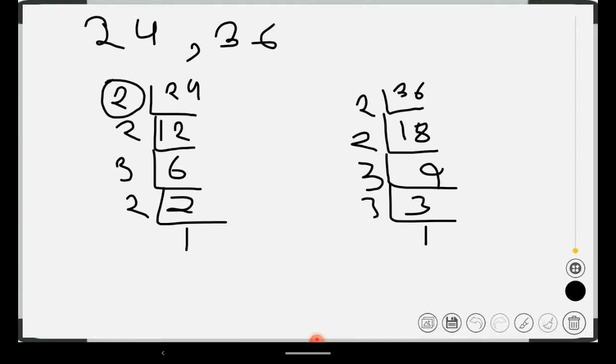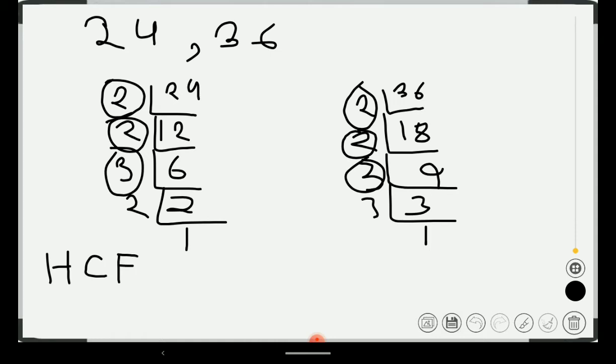I can see here a 2, here also a 2. Here I can see a 2. I can also see here a 2. Now 3 also here is common. So how do you find the HCF? Because there are many common prime factors, right? So you need to write like this.